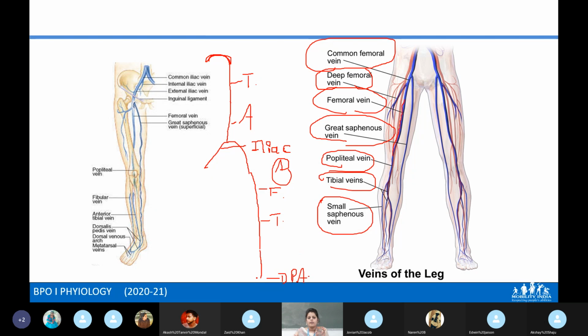Now from here the blood comes up by the tibial vein. This is artery, okay, I will write artery as a circle. Next, in the femur, it is by the femoral vein. Same, but the name is different. Instead of artery, it is vein. And here it is the iliac vein.